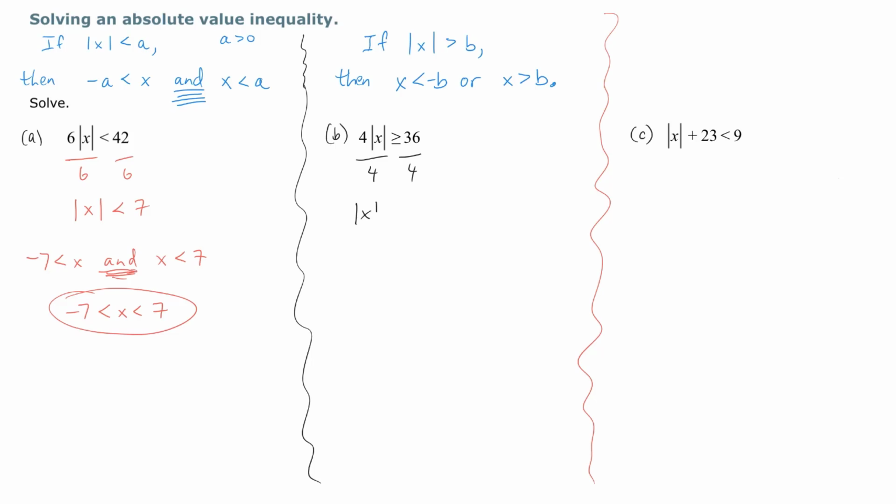Now we have the absolute value of x is greater than or equal to 9. Well, these are all the x values that are centered at 0 and that are 9 units away, well, at least 9 units away. So, 100 would work, right? Negative 101 would work.